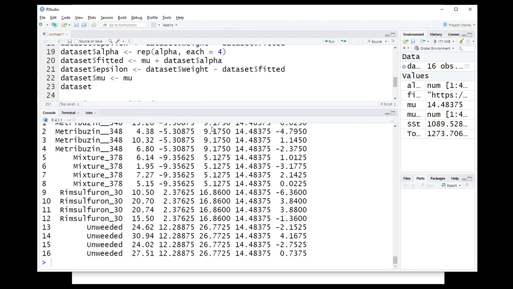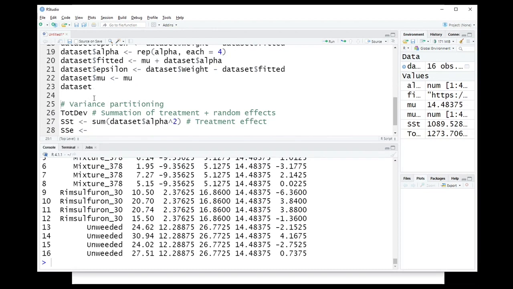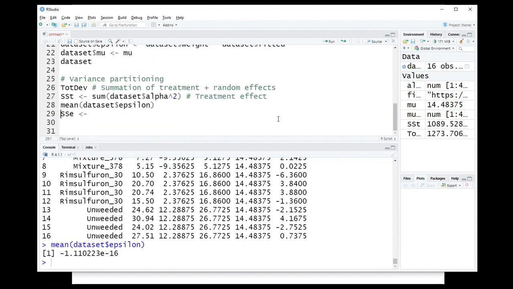And we can take that the mean for the random element is 0. Again, not really 0, but a negligible value.